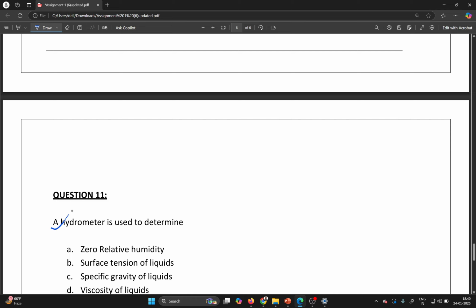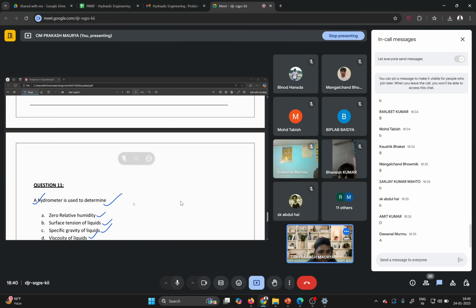A hydrometer is used to determine zero relative humidity, surface tension of liquid, specific gravity of liquid, or the viscosity of liquid. So please try to give the answer to this question. This question is from the application of fluid, the instrument application in fluid mechanics. The hydrometer is used to determine. Okay, I'm waiting.